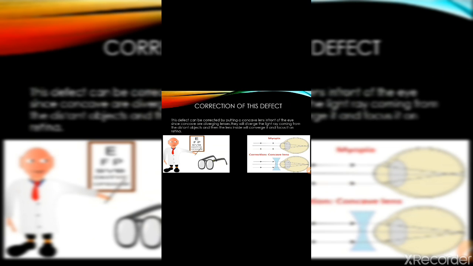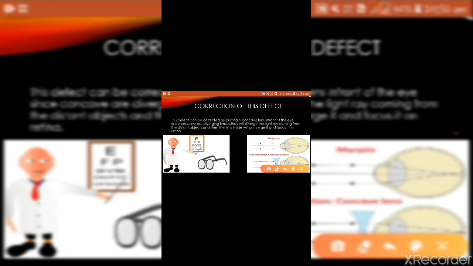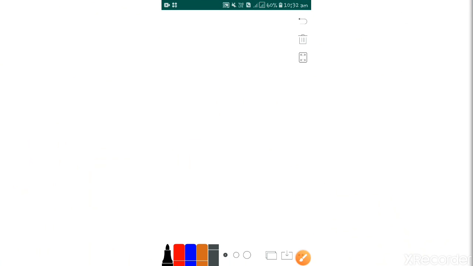See, actually the light rays are being focused in front of the retina, so we want to diverge this light ray a little away so that it can be focused actually on the retina. So we wear concave lenses in our spectacles.